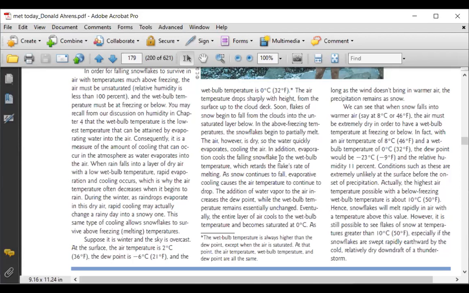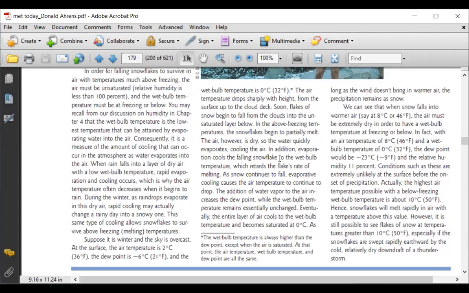What do you mean by wet bulb temperature? Wet bulb temperature, I also discussed in earlier classes, is the temperature of the air, that means the lowest temperature that can be attained by the evaporating water inside the air.